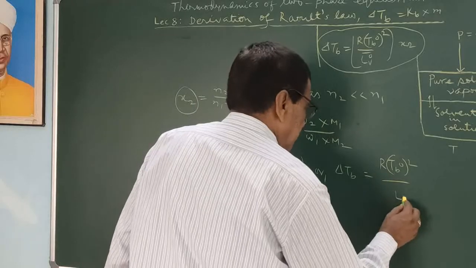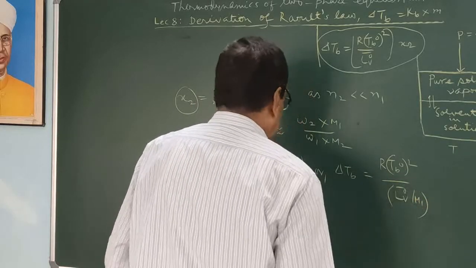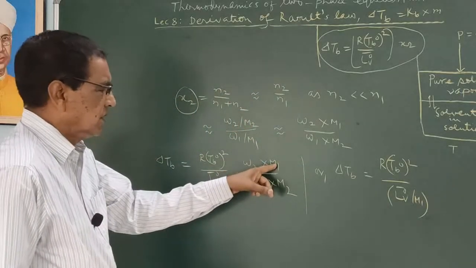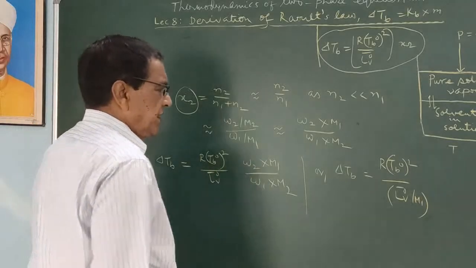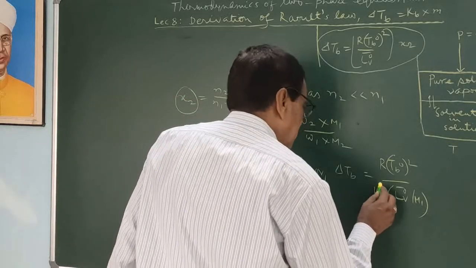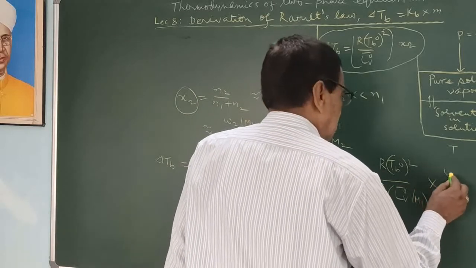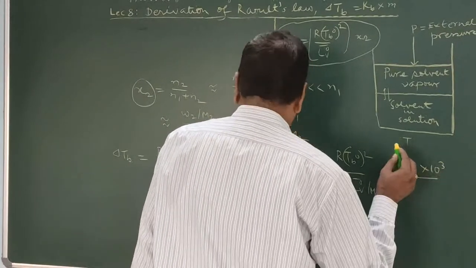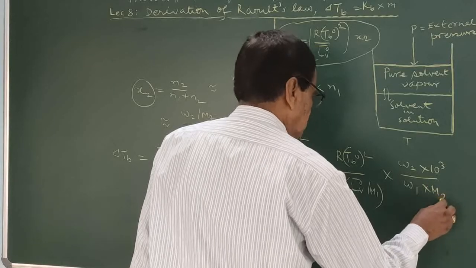This LV naught bar divided by M1, and it is to be multiplied by 1000, and here 1000 to be divided, so it will be 10 to the power 3 into W2 into 10 to the power 3 divided by W1 into M2.